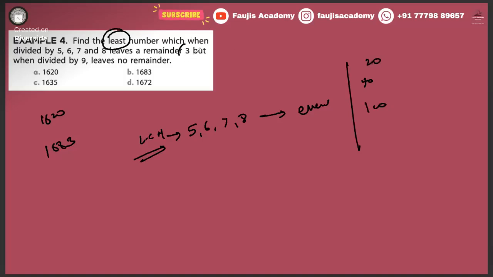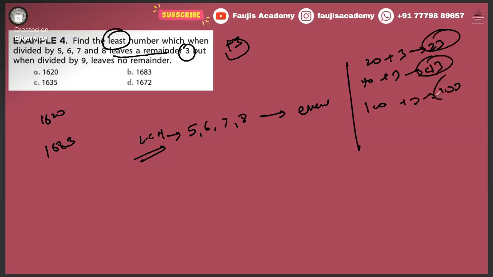If it leaves a remainder, we add 3 and it becomes 23, 43, 103. What sort of numbers are these? All of these are odd numbers, right?